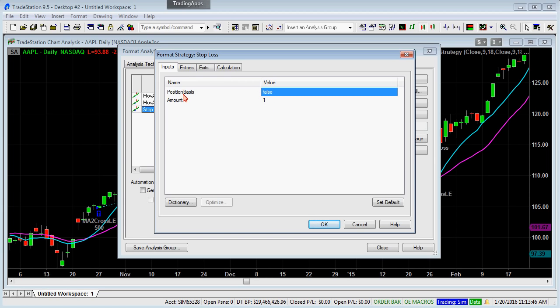Now, the position basis parameter that's here allows you to calculate the stop loss based on a per share basis or a whole amount. So if you change that position basis to true, now you can base your amount not on a per share basis but on the whole position.